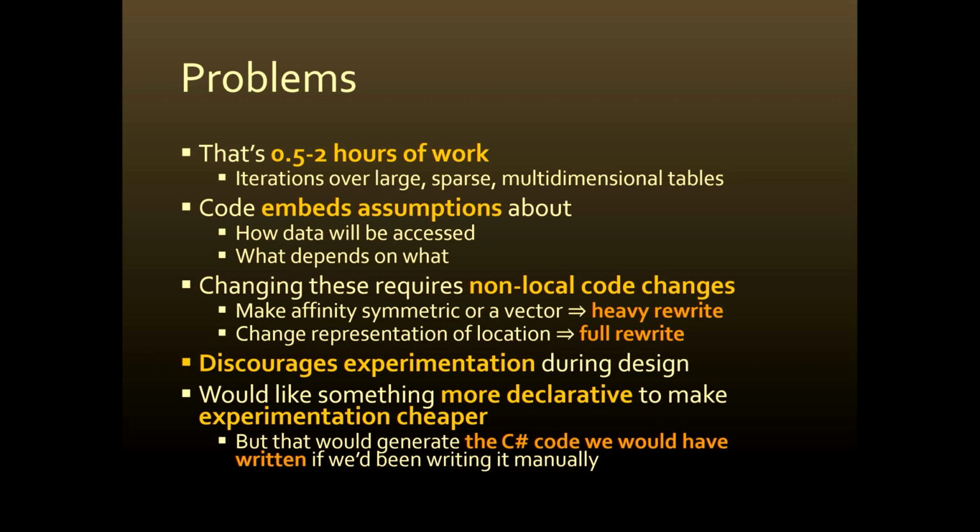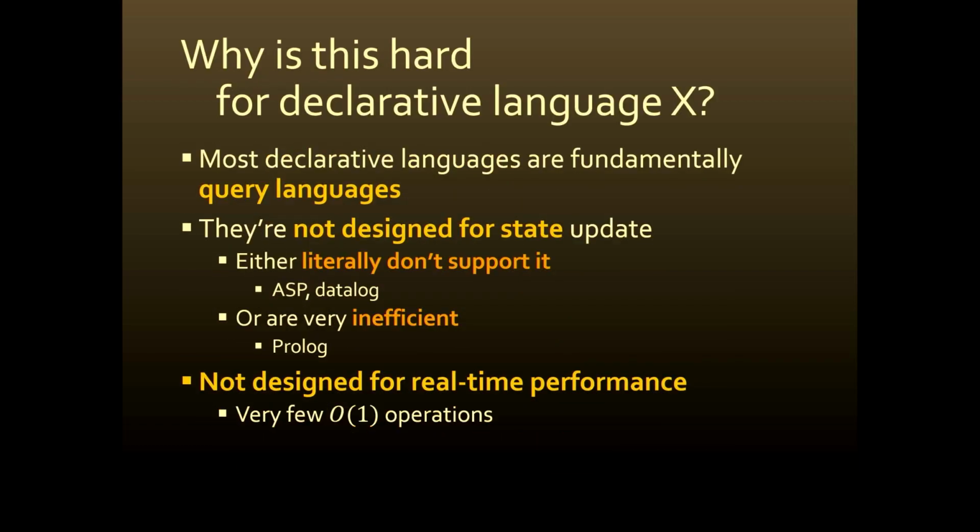And that means your designers can't experiment, because making a change that might not be worthwhile is too expensive to do. So our goal is to make those changes cheaper to do so you can do more experimentation. And we're trying to do that by letting you write in a declarative form and then have the system generate the C# code that you would have written yourself.